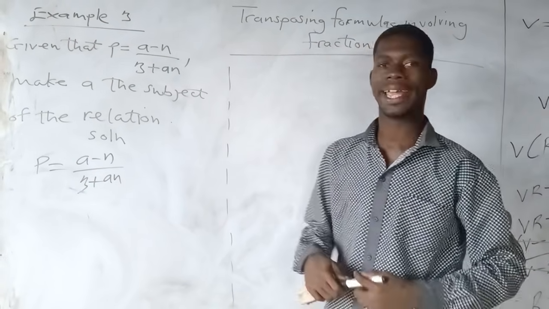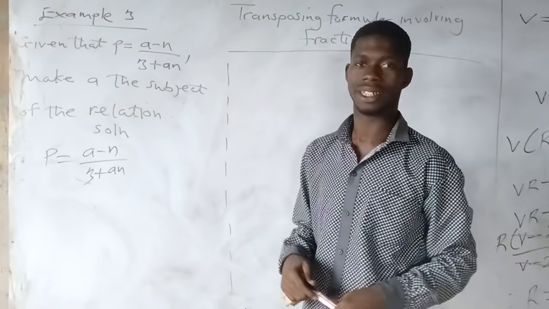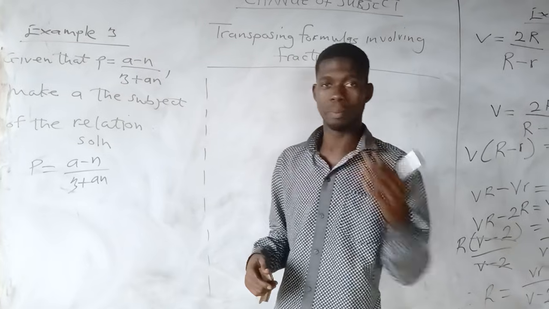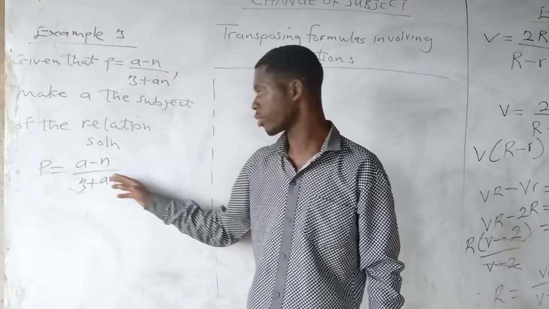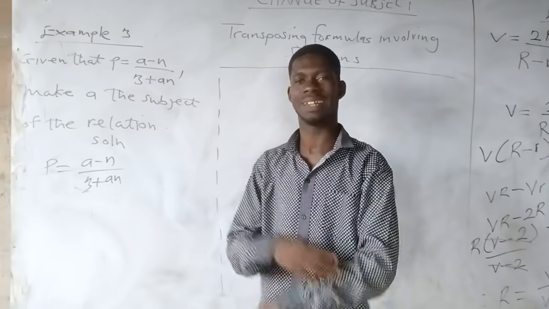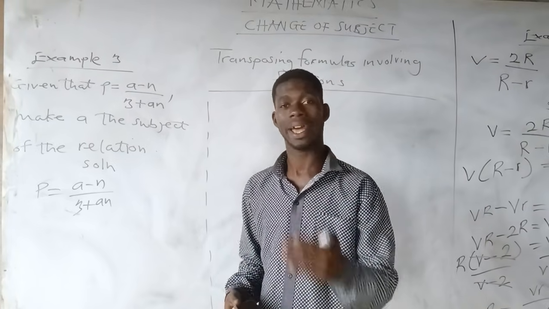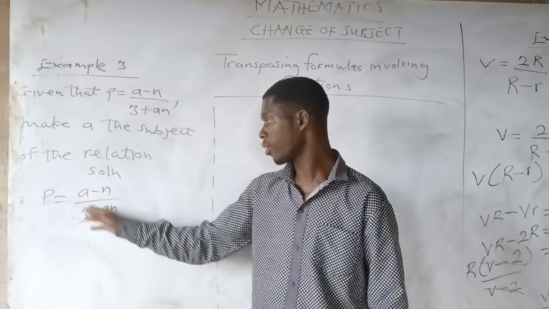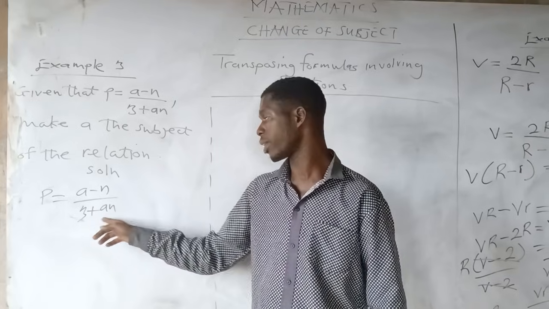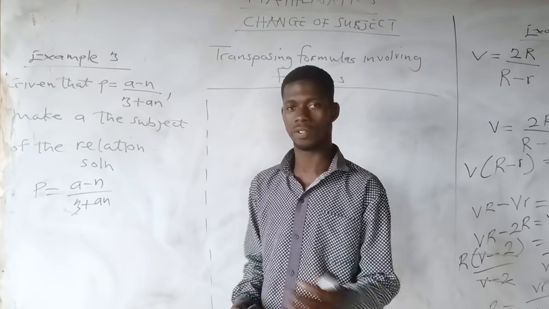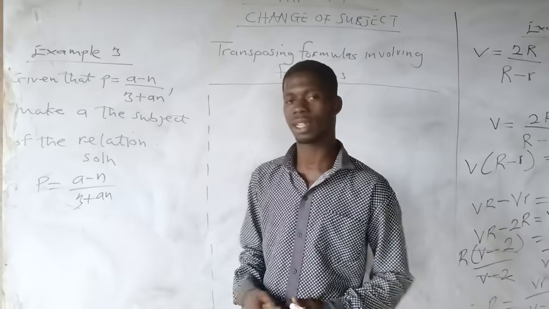So first of all, we're supposed to eliminate the denominator, that's 3 plus AN. For you to eliminate it, you multiply each term by the denominator, 3 plus AN, how we did for example 1 and example 2.